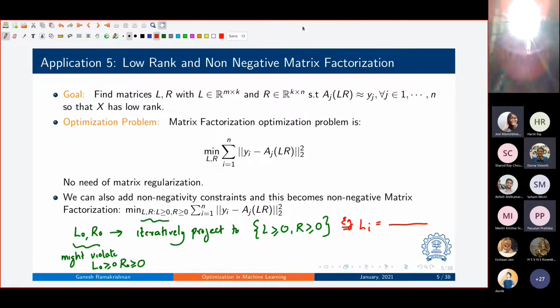So with that assumption, I don't think I'll have all the dimensions. Just help me make sure I match the dimensions properly. L naught R naught would have been X, but let me try to get this L i minus 1 transpose R i minus 1 transpose, something like this, and at the numerator.